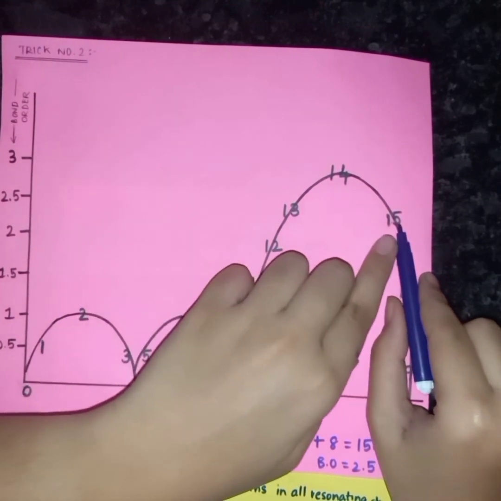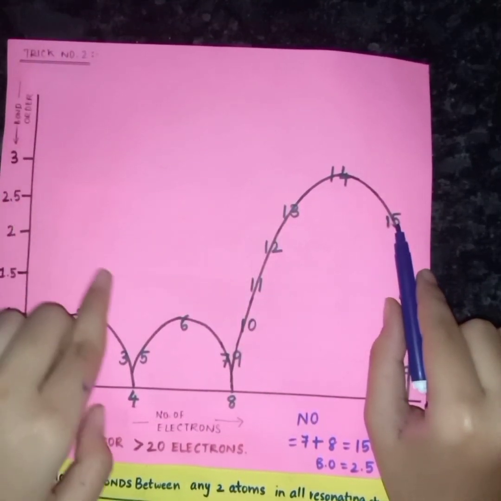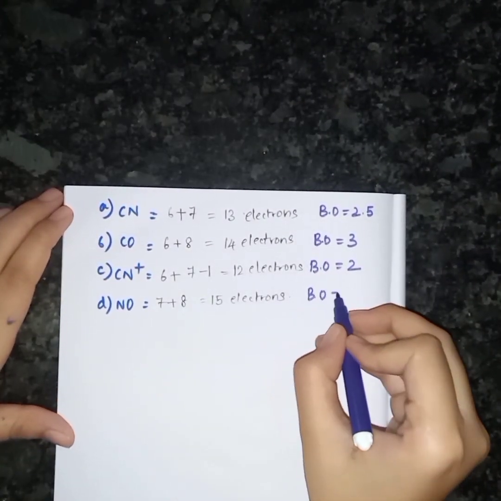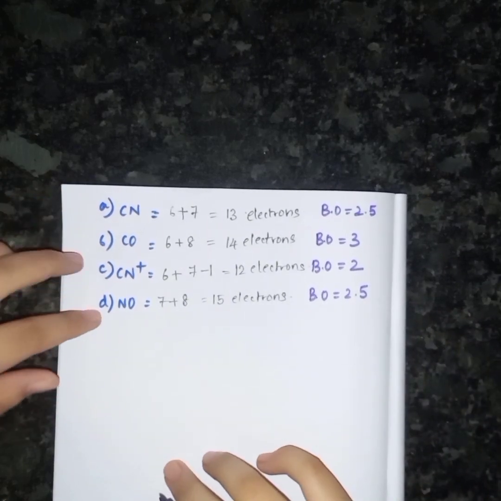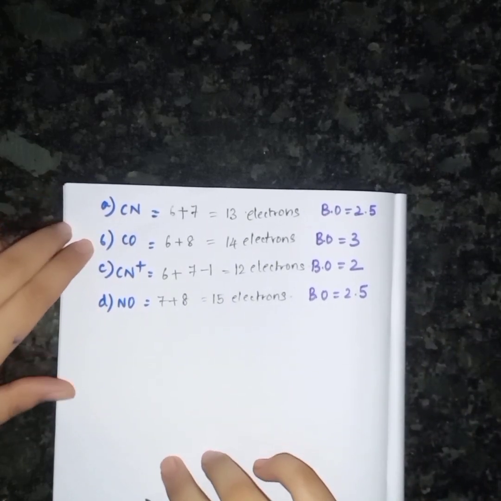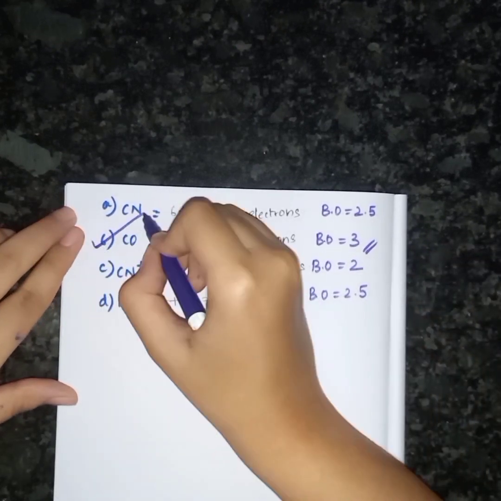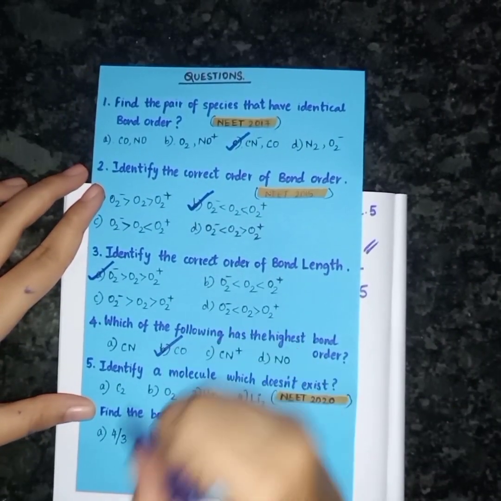For 15 electrons, what is the bond order? 2.5. Therefore, the bond order of NO is 2.5. Among the 4 options, carbon monoxide is having the highest bond order, that is 3. Therefore, option number 2 is the answer.